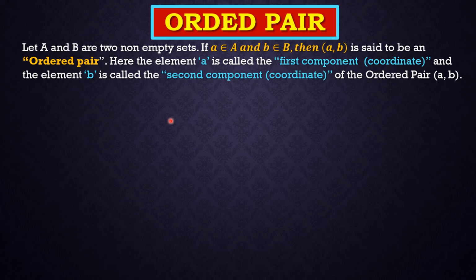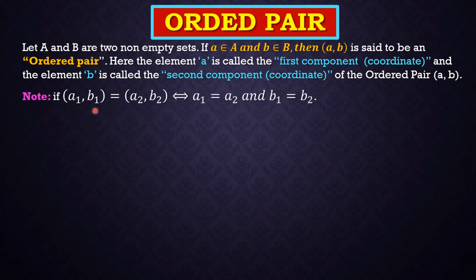Now here we observe one important condition. Given two ordered pairs, (a1, b1) and (a2, b2), these two ordered pairs are equal if and only if a1 equals a2 and b1 equals b2.